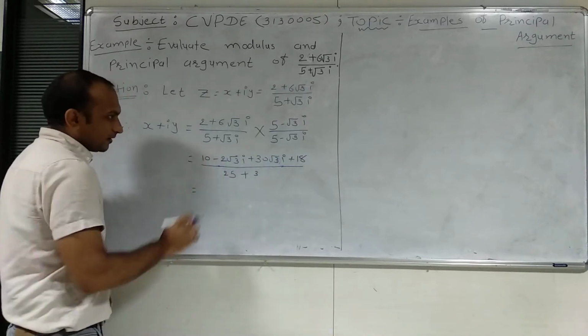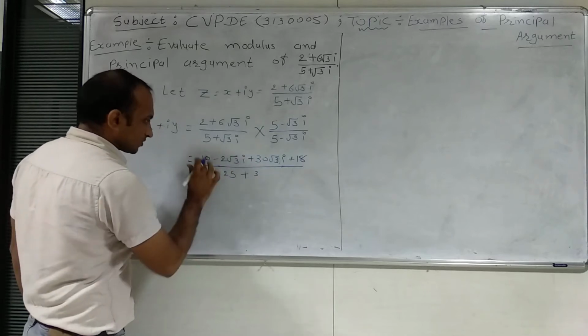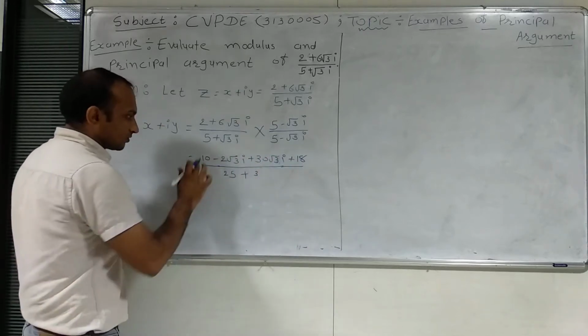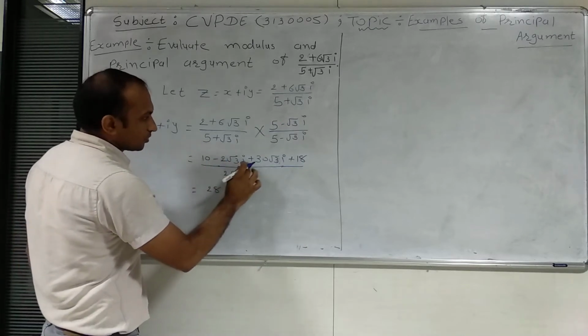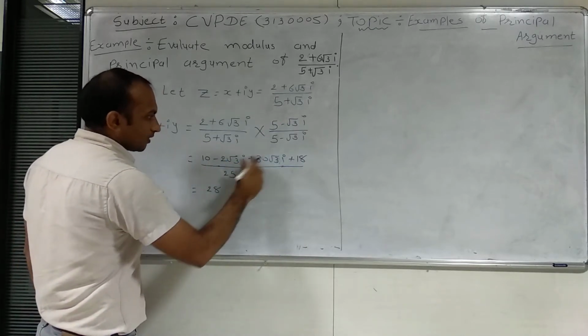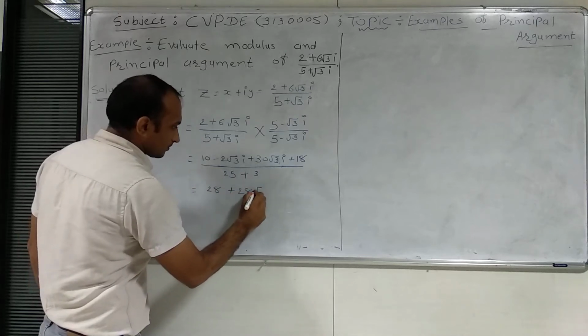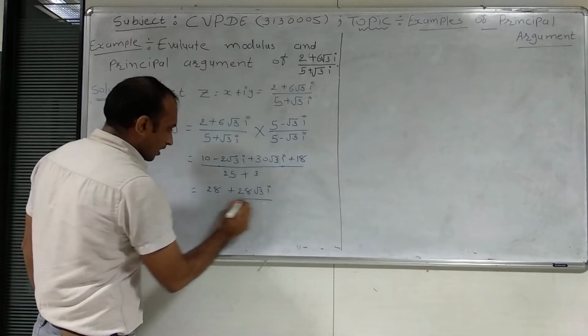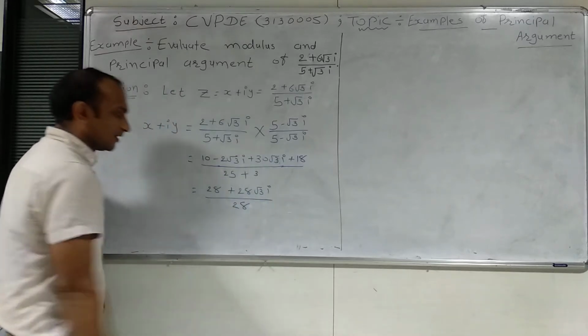Now we find the real and imaginary terms. So 10 and 18 are real terms. So 10 plus 18 is 28, and minus 2 root 3 i plus 30 root 3 i gives 28 root 3 i, upon 25 plus 3, which is 28.